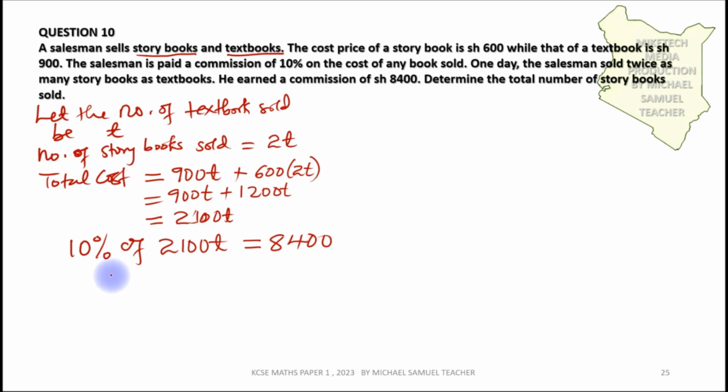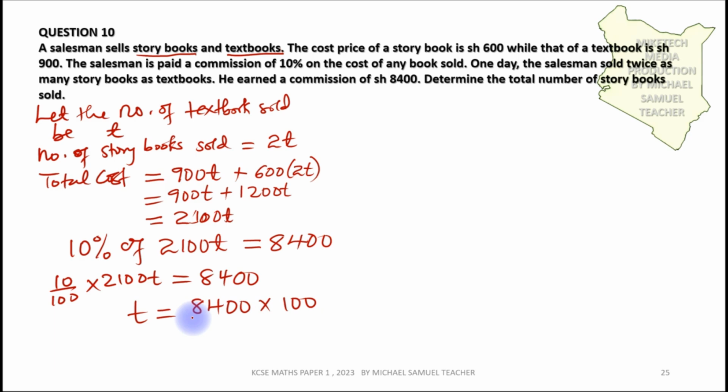So this will be 10 over 100 times 2100T, which is equal to 8400. So T will be equal to 8400 times 100 divided by 10 times 2100.